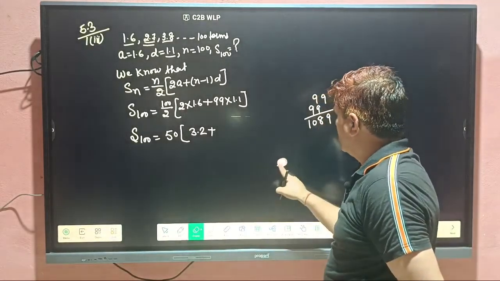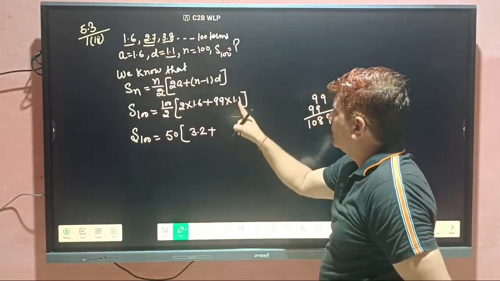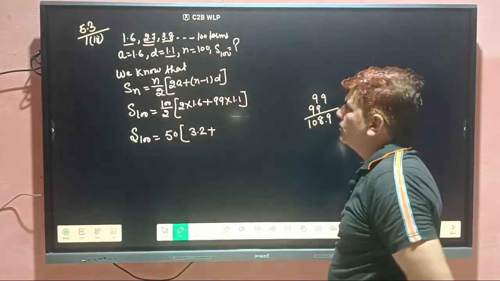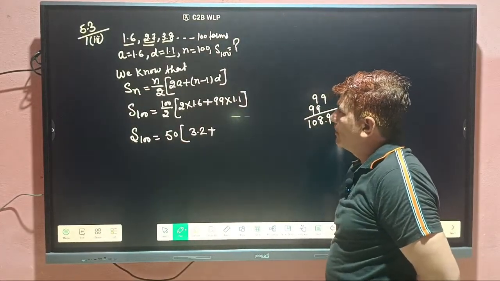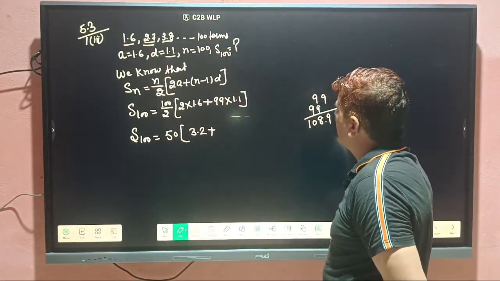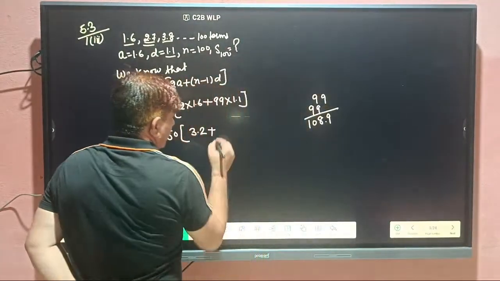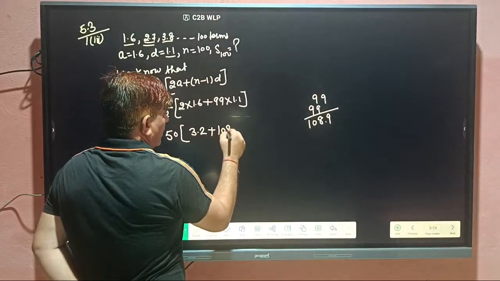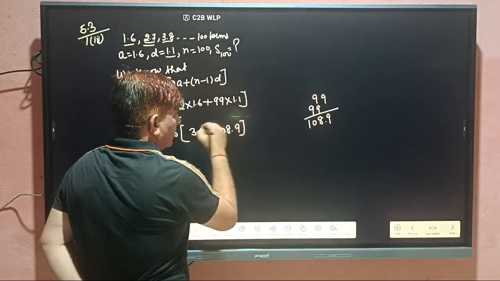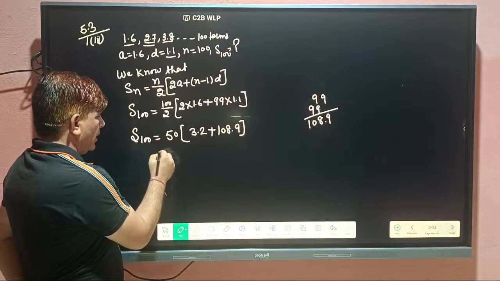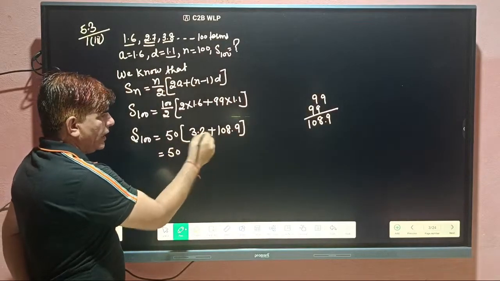Yes or no? Decimal after how many digits? Here after 1 digit, so here also after 1 digit. So what's coming? It's multiplication. What's coming? 108.9. So again this 50, we can add these.